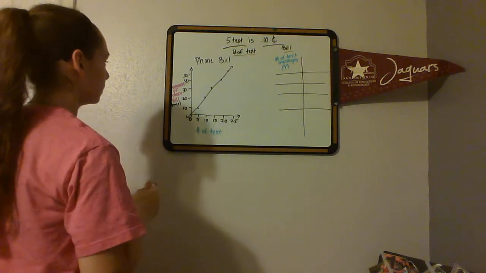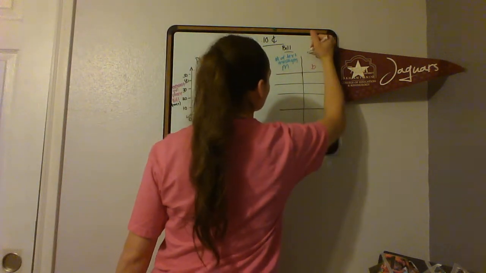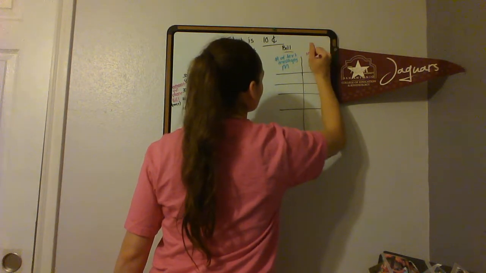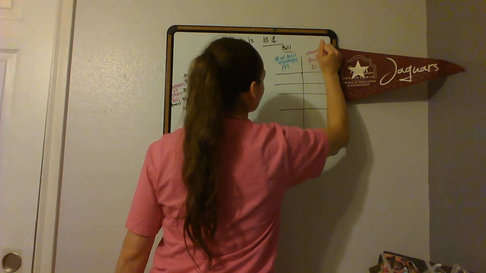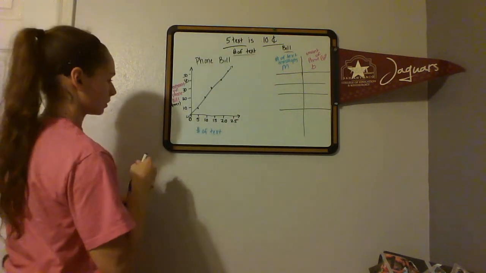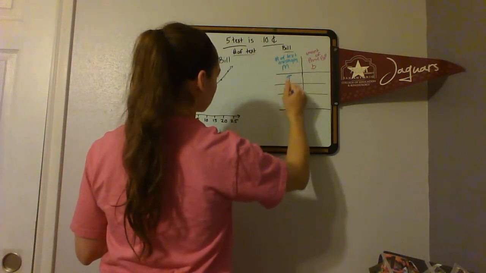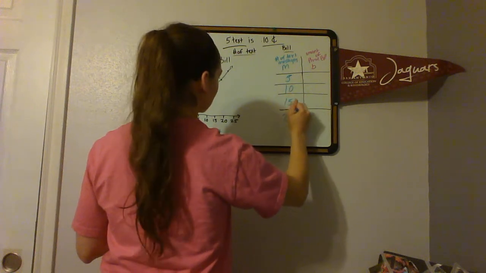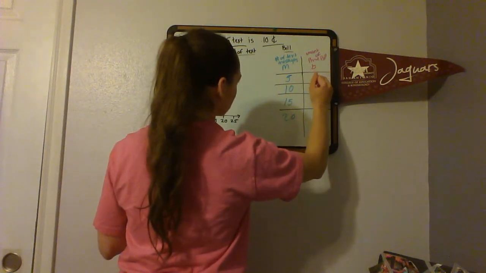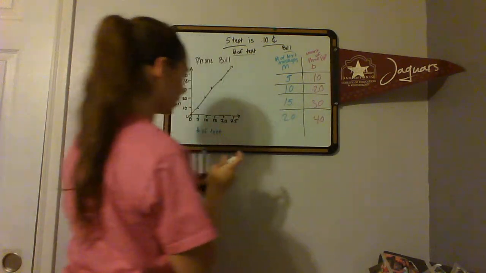And our dependent variable on our y-axis is amount of phone bill, represented by B. So amount of phone bill. Okay. So for 5 text messages, it is 10 cents. Like this one. 10 cents, 20 cents, 30 cents, and 40 cents.